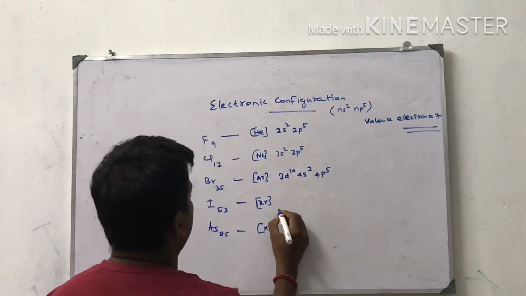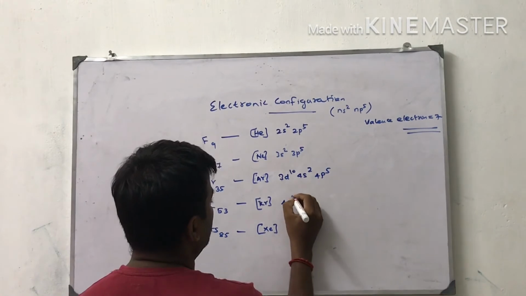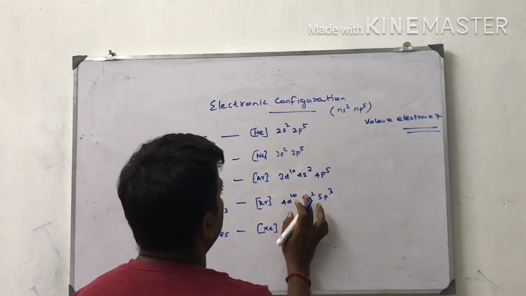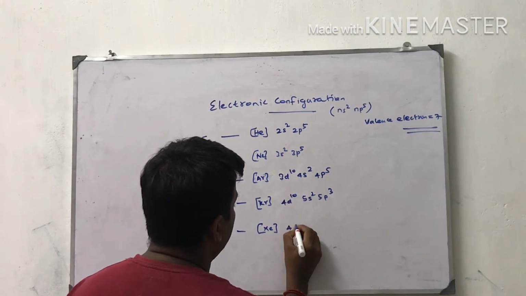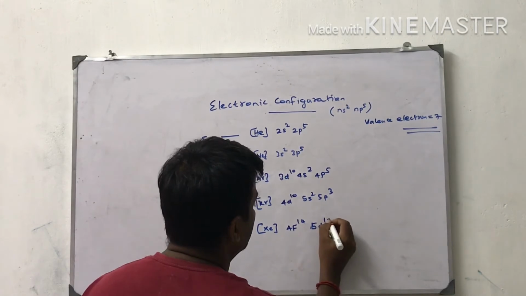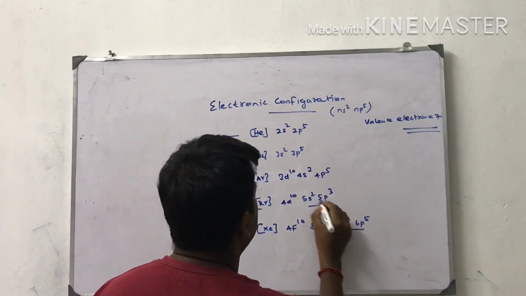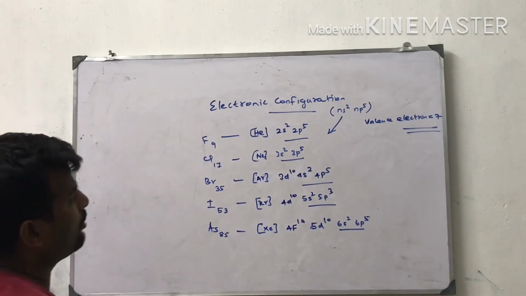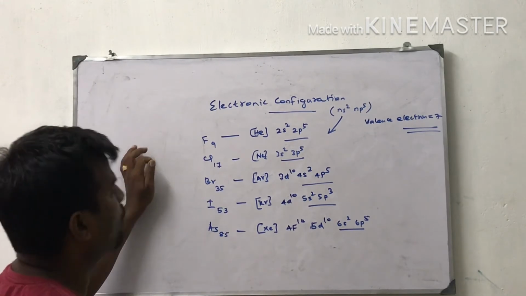Iodine, atomic number 53, is krypton 4d10 5s2 5p5. Astatine is xenon 4f14 5d10 6s2 6p5. So these are the valence electrons. Therefore, the general configuration is ns2 np5. So these are the electronic configurations of group 17 elements.